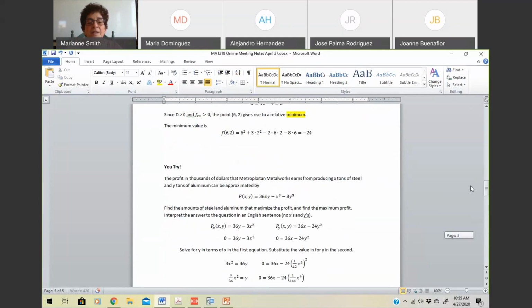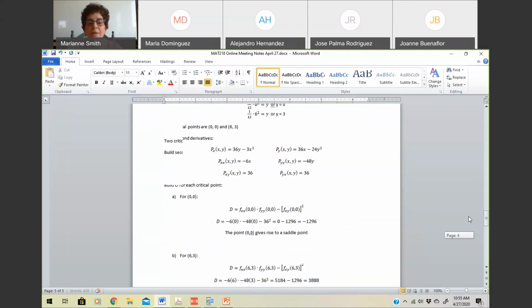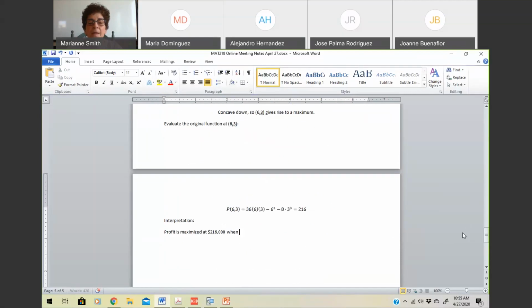X tons of steel and Y tons of aluminum. So when 6 tons of steel and 3 tons of aluminum are manufactured. Is everybody all right with the interpretation?